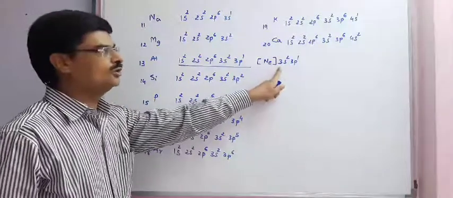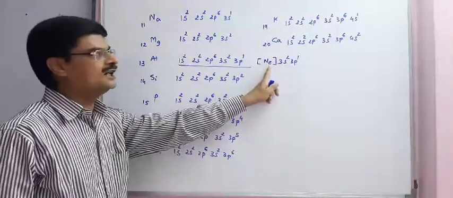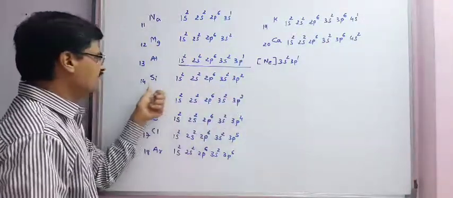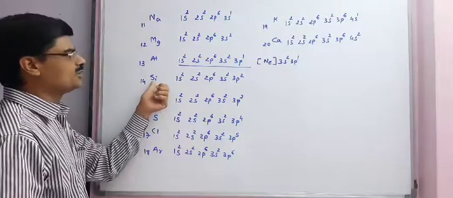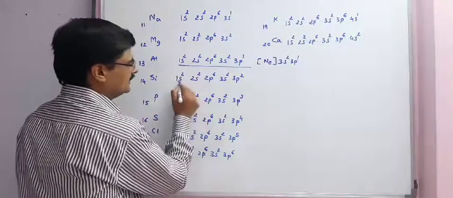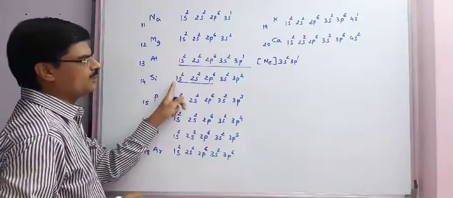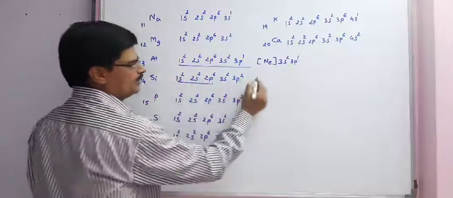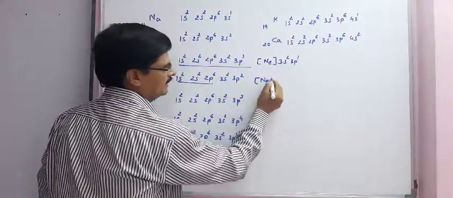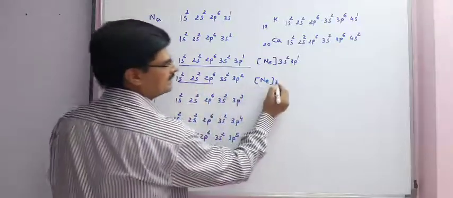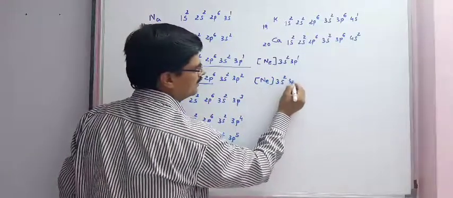So this is also the way we can write electronic configuration. Same way we want to write the electronic configuration of silicon. This is core electronic configuration, means inert gas configuration. We can write the inert gas, then 3s2, 3p2.